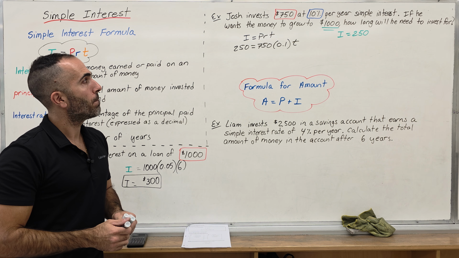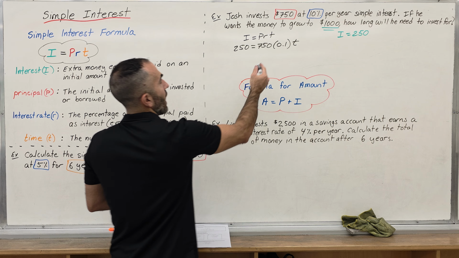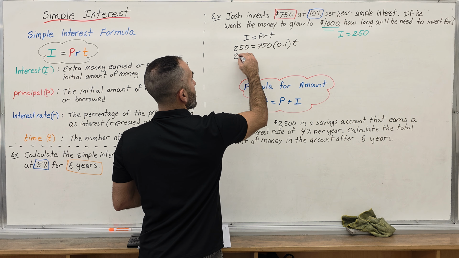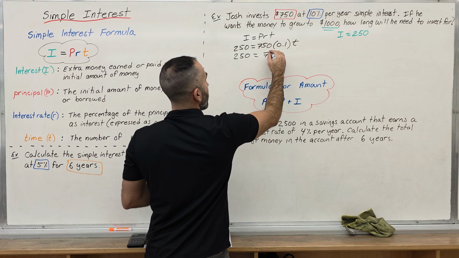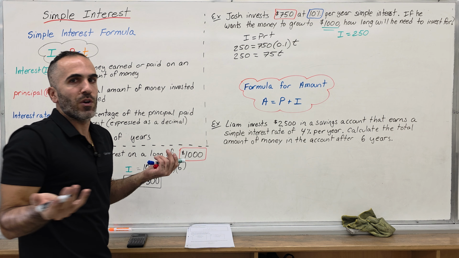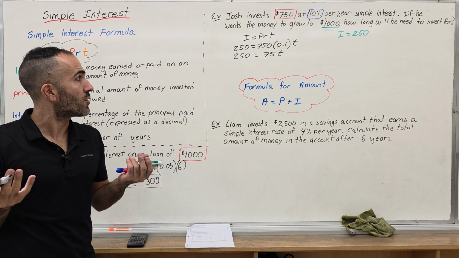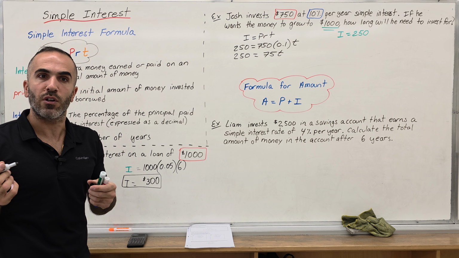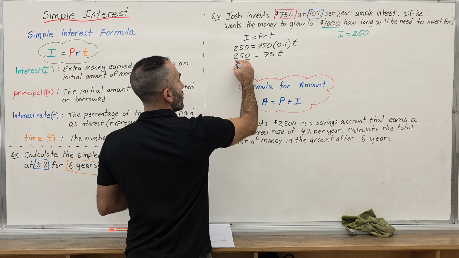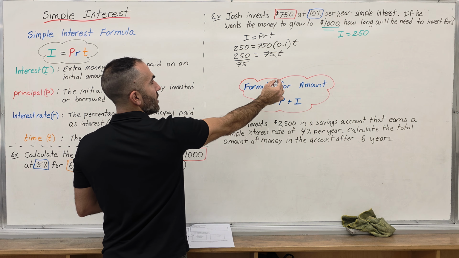So I can multiply these two together if I really want. That's just 75t. And now I'm in a situation with a really easy equation to solve for. I could just divide by 75 to solve for t. So 250 over 75 gets rid of it here.